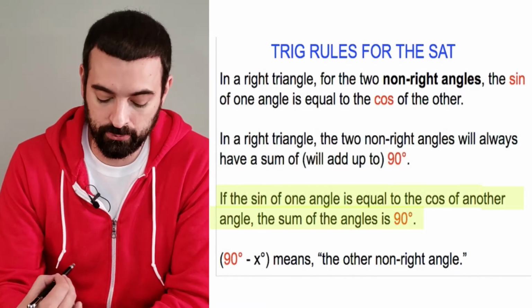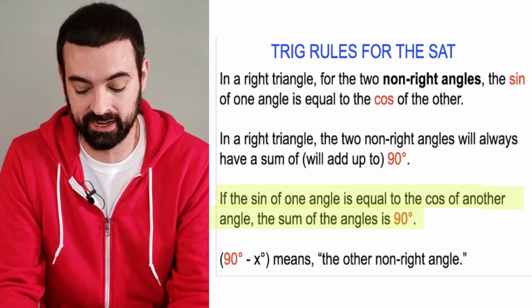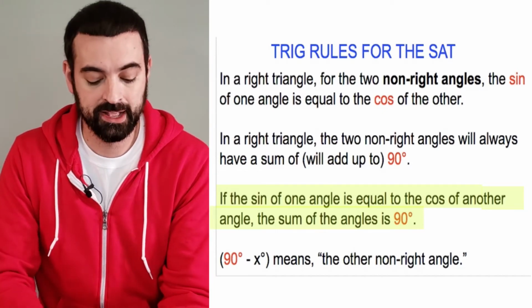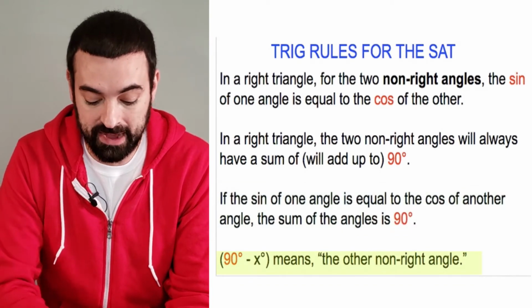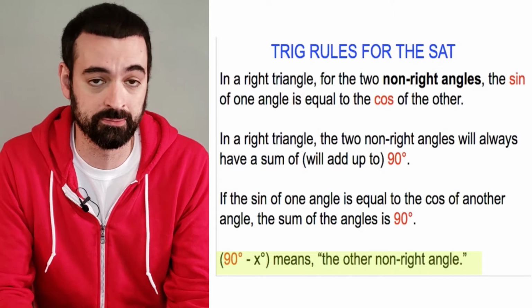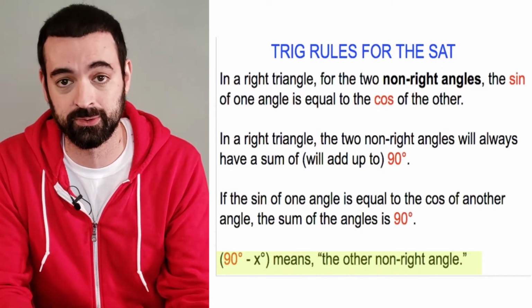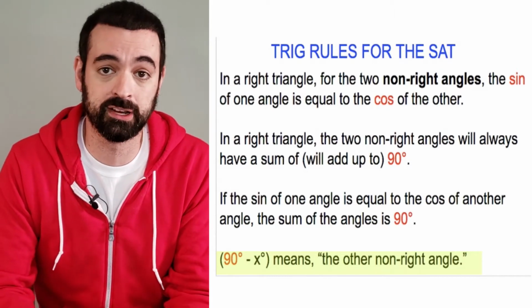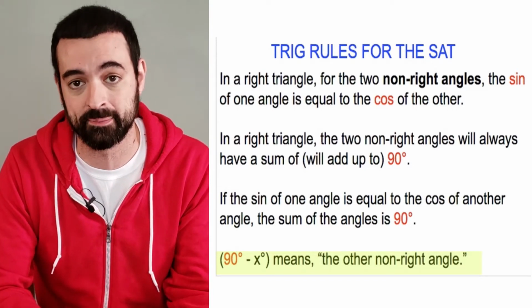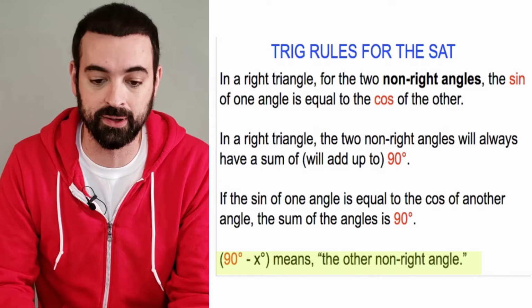If the sine of one angle is equal to the cosine of another angle, the sum of the angles is 90 degrees. And 90 degrees minus x degrees means the other non-right angle. Think about it. If a triangle is 180 degrees, 90 of those degrees are taken up by the right angle. The other two have to add up to 90. That's all that I'm talking about there.